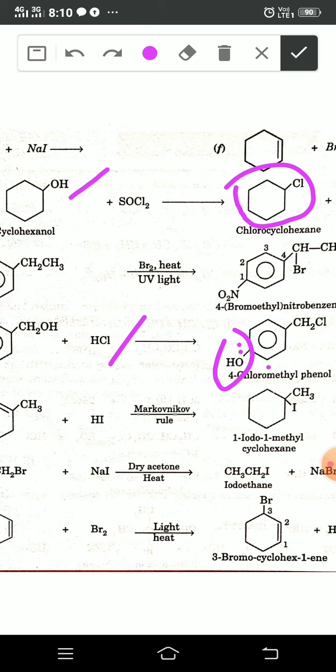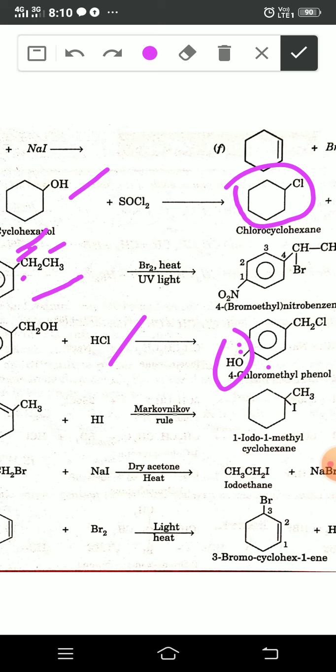In this case, when ethyl benzene reacts with Br2 in presence of sunlight, it gives the bromo product, where bromine attacks on this carbon atom, not at this one. Why? Because this is a secondary carbon atom.